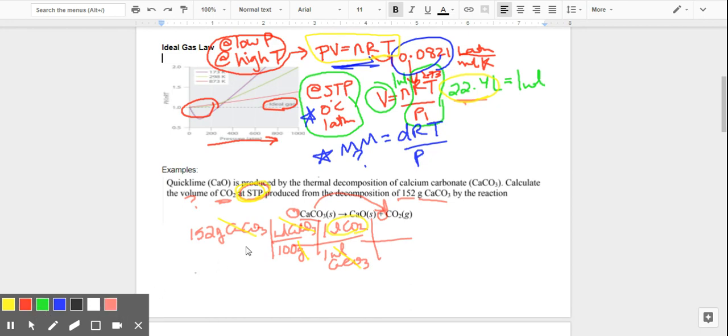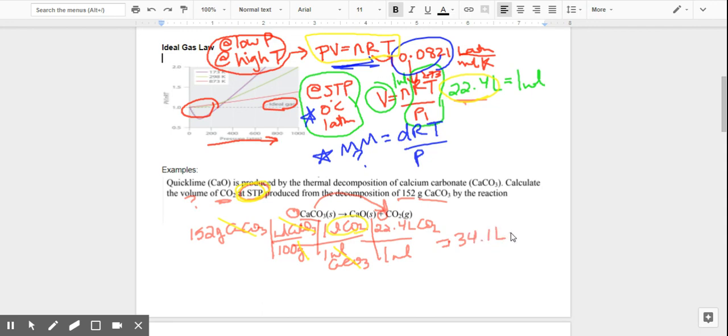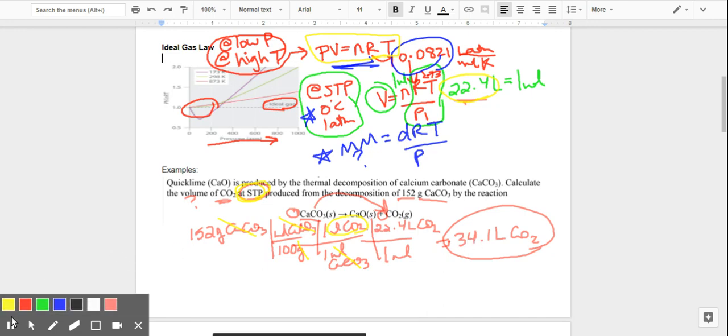So it makes it a little bit easier because we are given STP. So my next part of the stitch is 22.4 liters of CO2 is equal to 1 mole of CO2. And then we work through that math. If I work this mathematically, I get something around 34.1 liters of CO2. And this is just reviewing the stoichiometry, reworking this and how it pertains to the gas laws. So that's the first example.